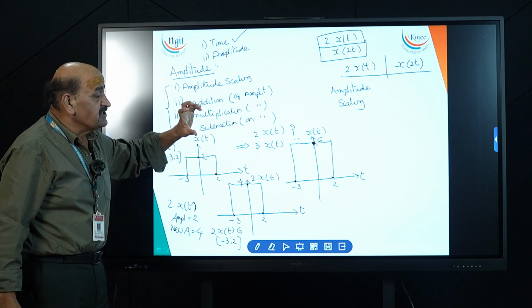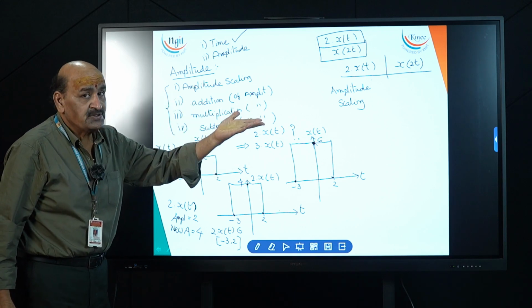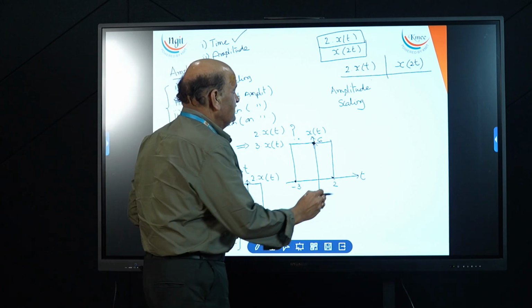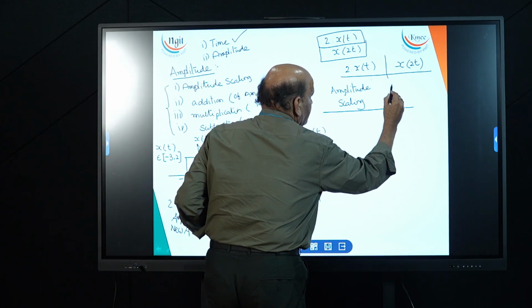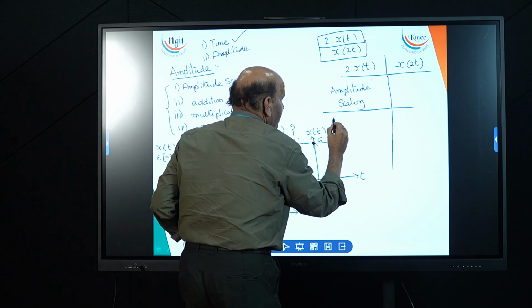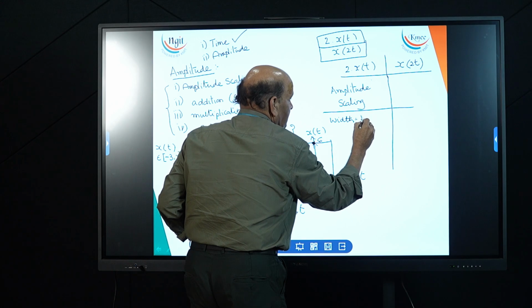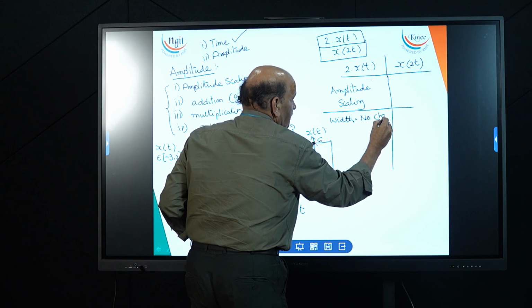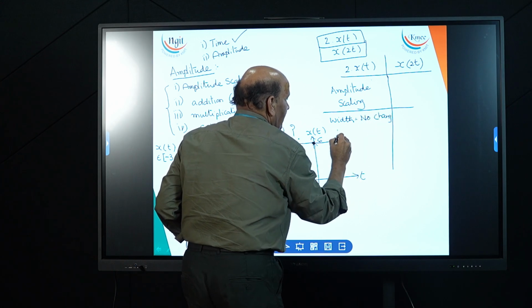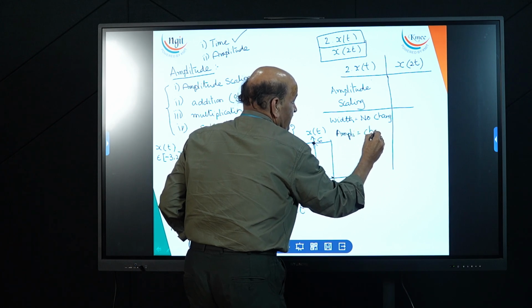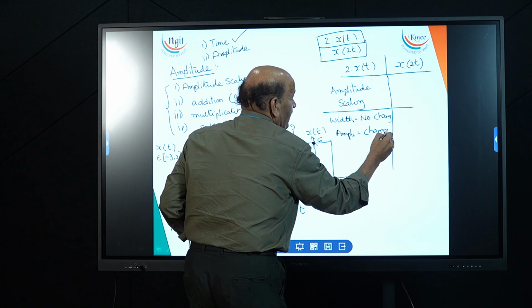That means the change is only in the amplitude but not in the width. Amplitude scaling means the width has no change, but the amplitude changes.